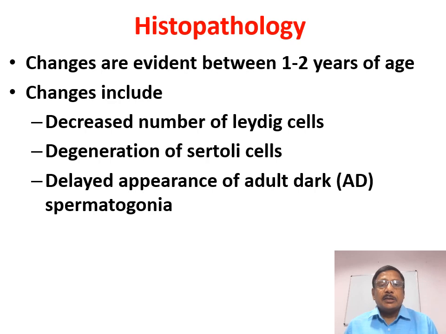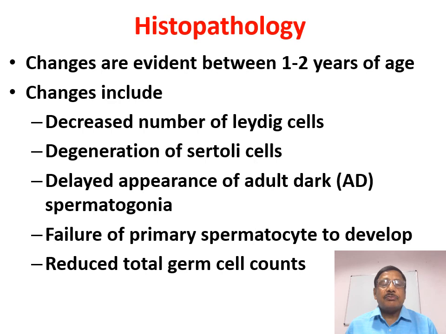When the testis is undescended, you will find the delayed appearance of adult dark spermatogonia and failure of primary spermatocyte to develop. See, you must be knowing that spermatocytes or spermatogonia develop from germ cells.